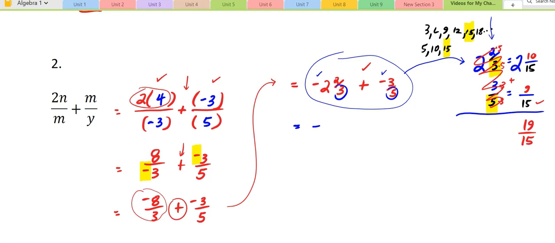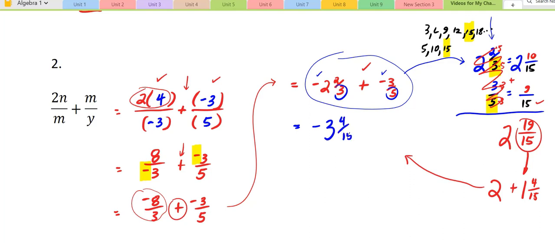And I have 2 plus nothing is 2. All right, well, I know this is an improper fraction that is 1 4/15. I add that to my 2 that's already sitting there, and I know that my answer then is 3 4/15. And I know that it's negative because I already determined a negative plus a negative is a negative.